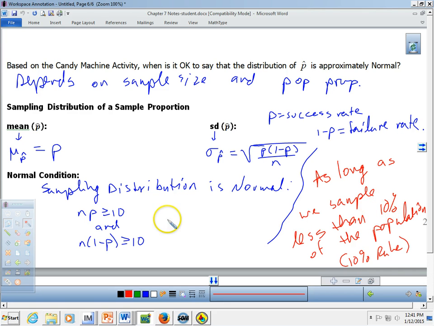Sample less than 10% of the population, and if our number of successes and our number of failures are both bigger than 10, then all of this stuff holds true. The sampling distribution is normal. It has that mean, and we can calculate our standard deviation using this formula. Okay?